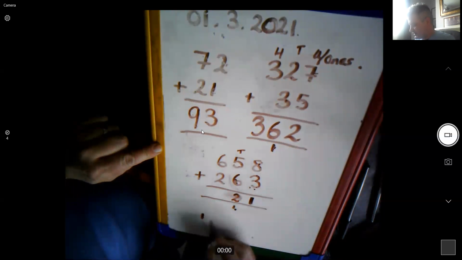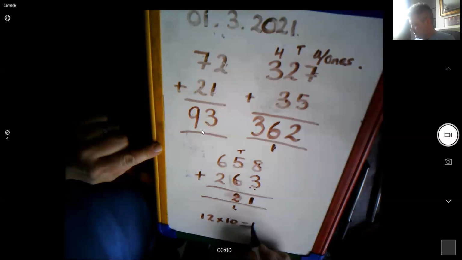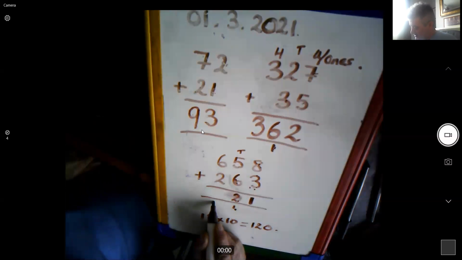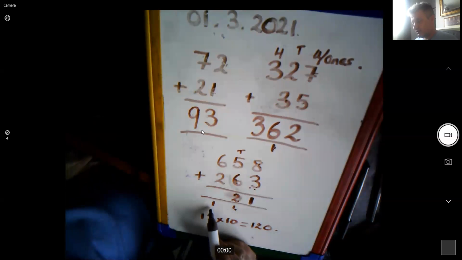What is 12 tens? 120. Okay, so there's my 2 tens. My 100 has to go in the column. So I've got that little 1, which denotes 100. The value of that 1 is 100.